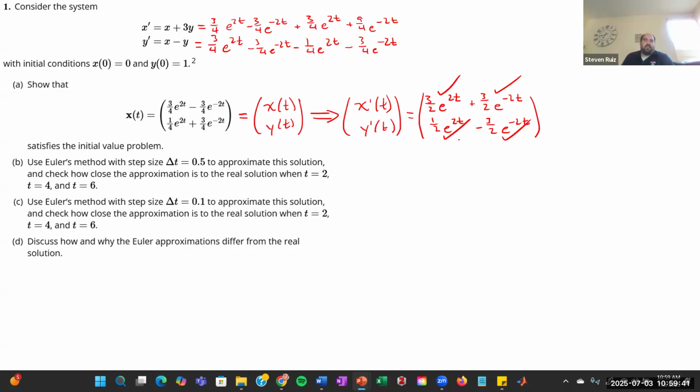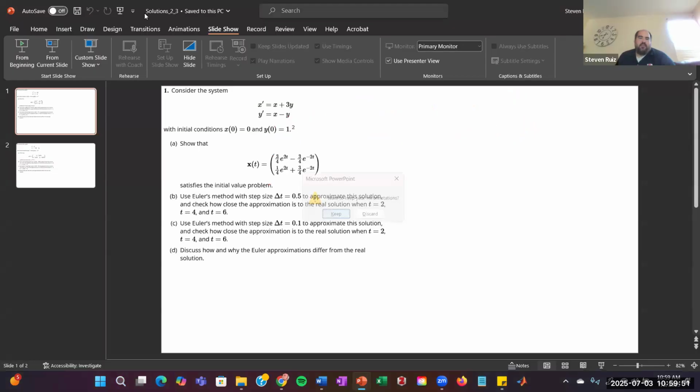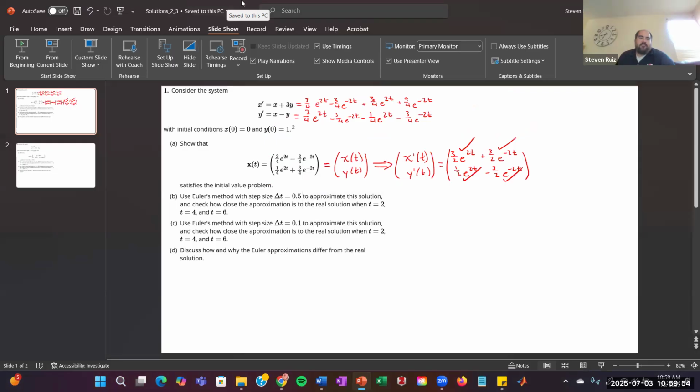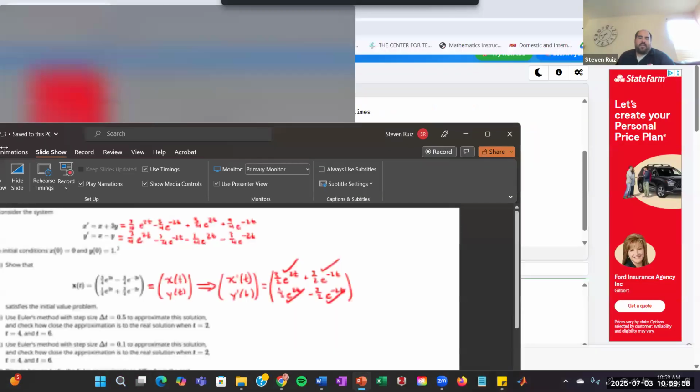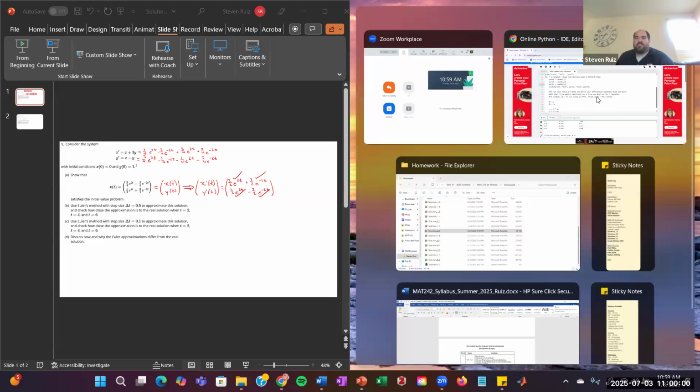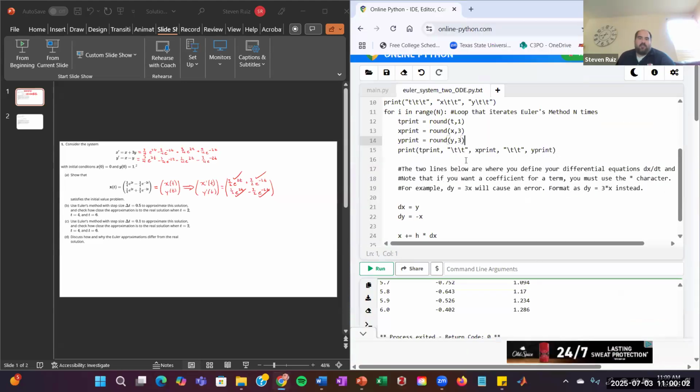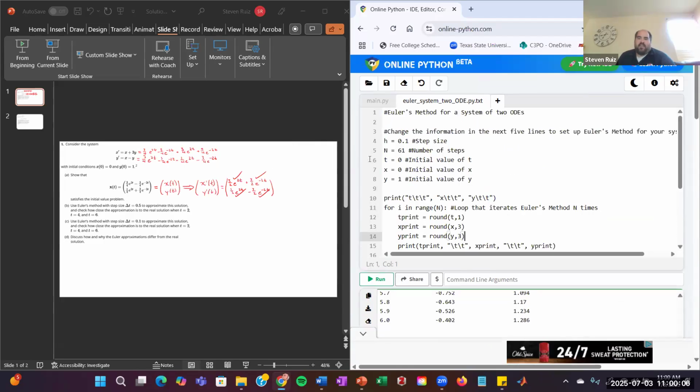All right, so parts B and C, we want to use Euler's method, and I asked you to use technology for this. I had a lot of trouble finding a technological resource that approximated this specifically using Euler's method. So I wrote a code for it. So let me make the modifications here.